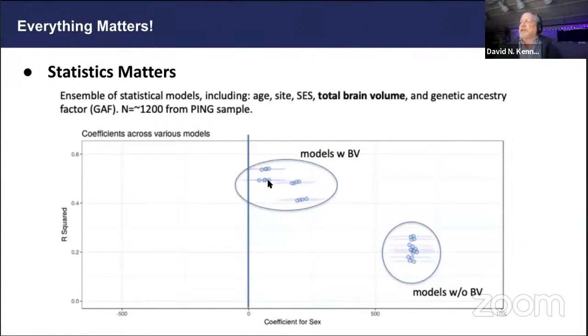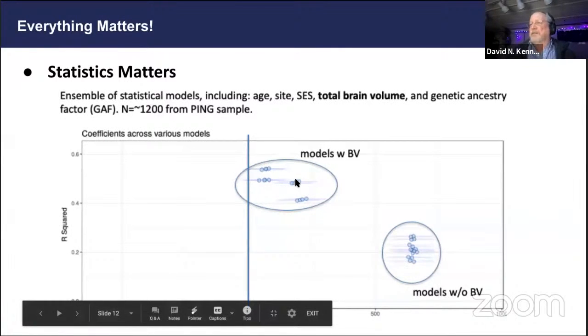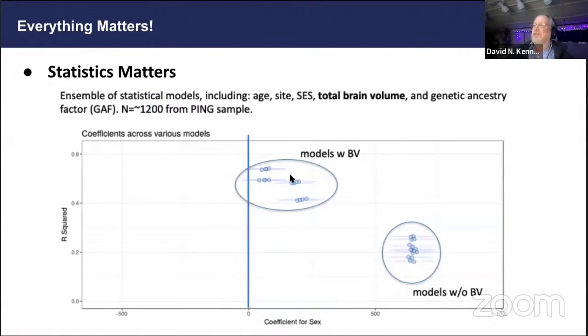But more interestingly, each of these circles is the effect size estimate, and the whiskers are the 95% confidence limit on that effect size estimate. And within here, again, we're seeing a cluster, and many of these models are significant, i.e. their whiskers don't touch the zero effect size, but not all of them.